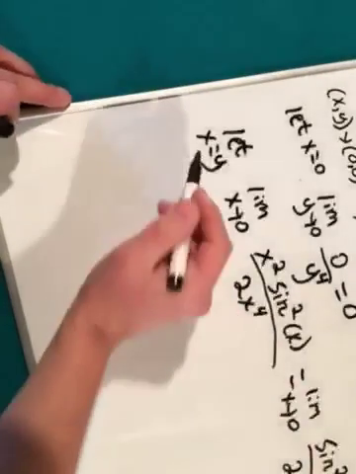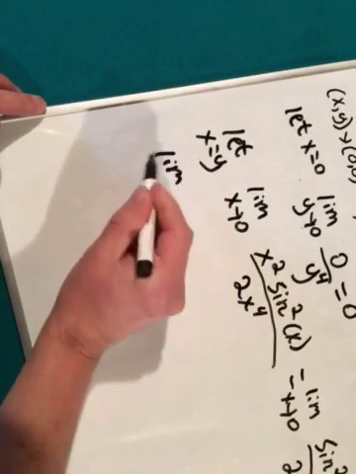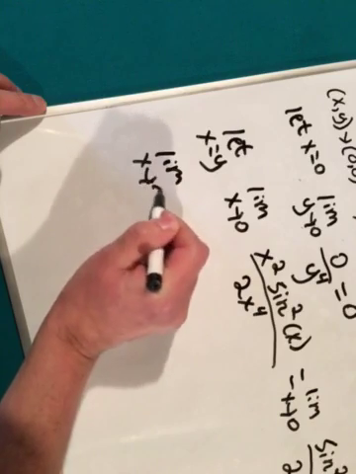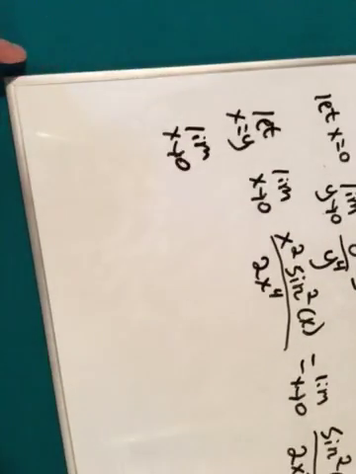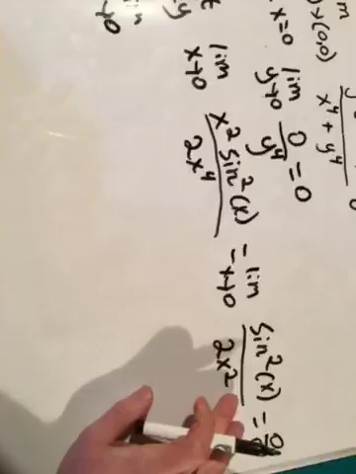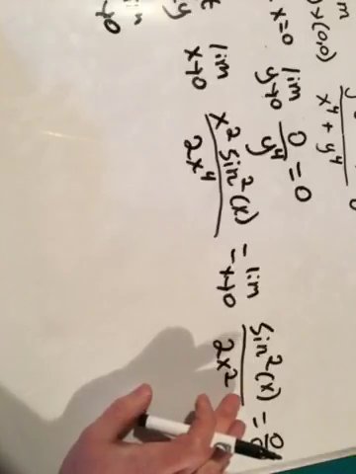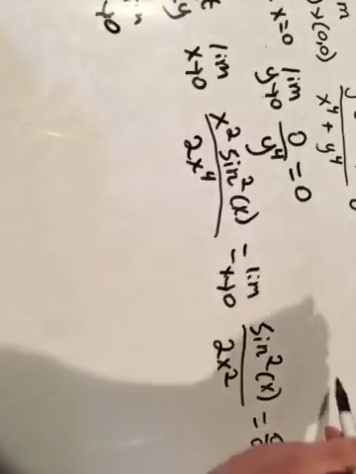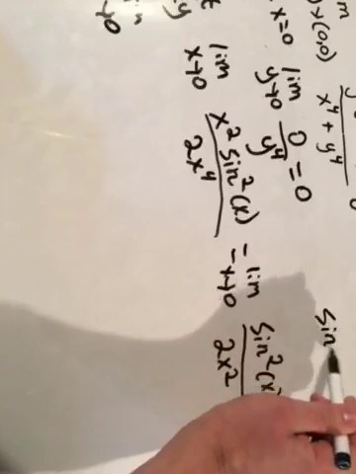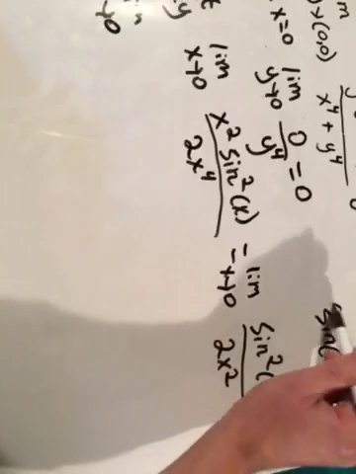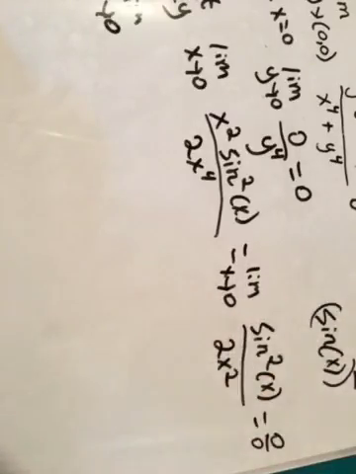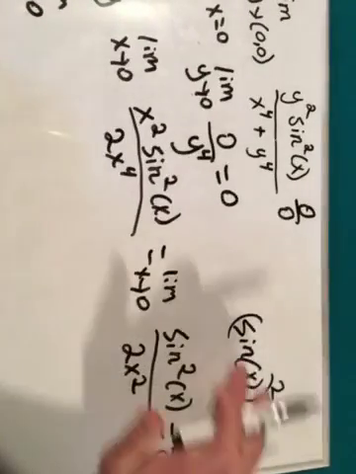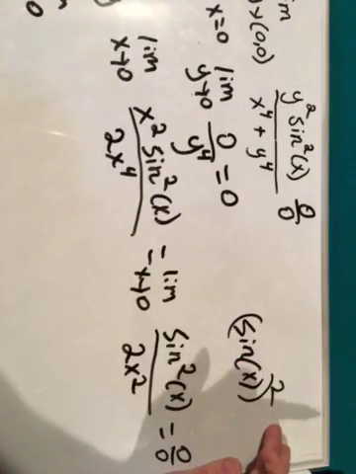Let's take the limit as x approaches 0 of the derivative of the top. The derivative of sine squared x. Now again, sine squared is like sine of x all squared. That's what that means. Okay, right? Sine of x all squared. So this is like a chain rule.